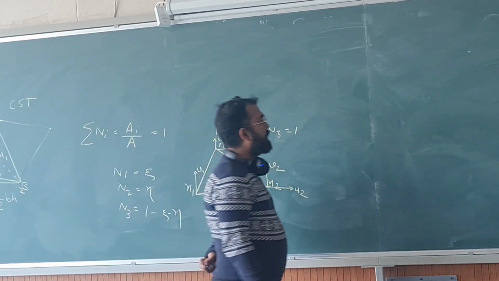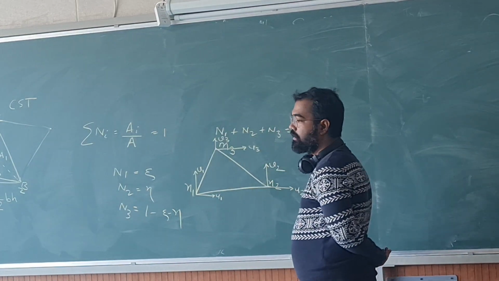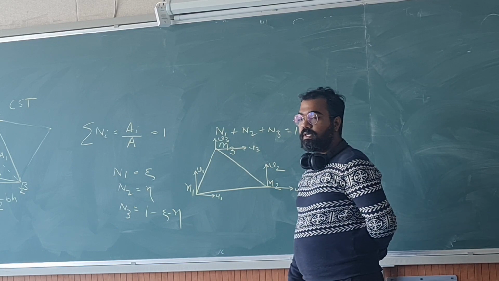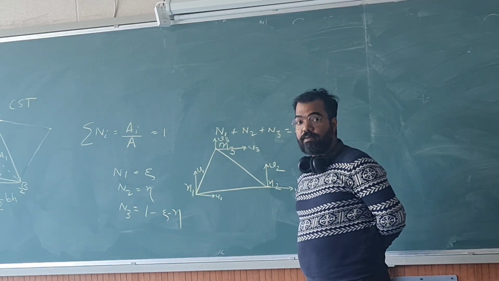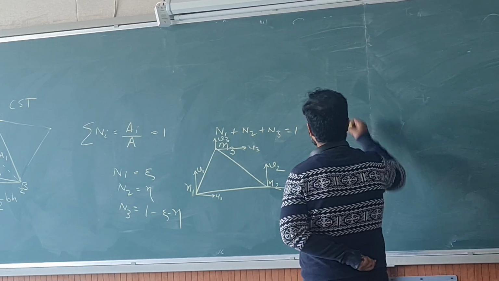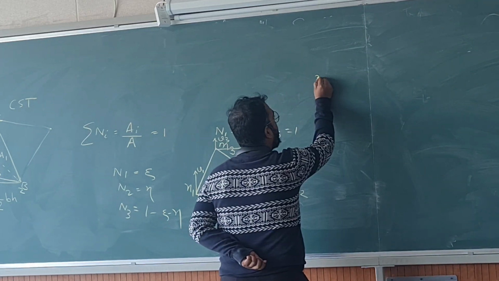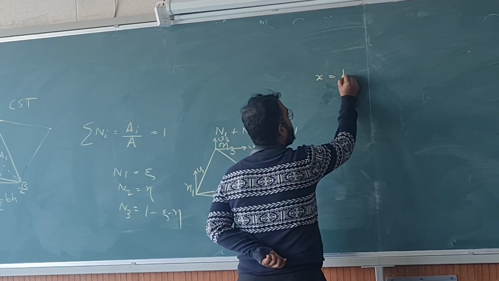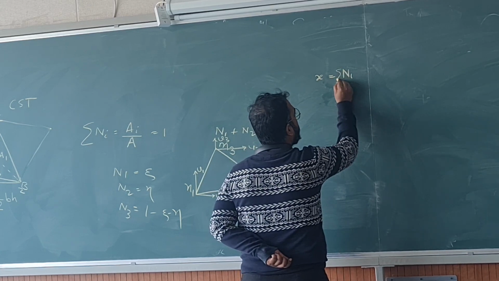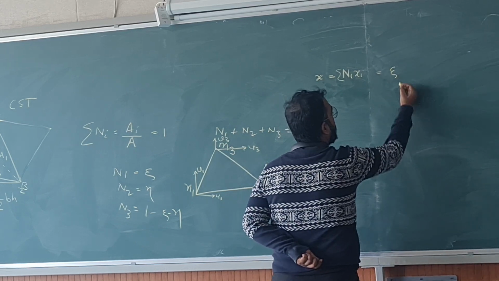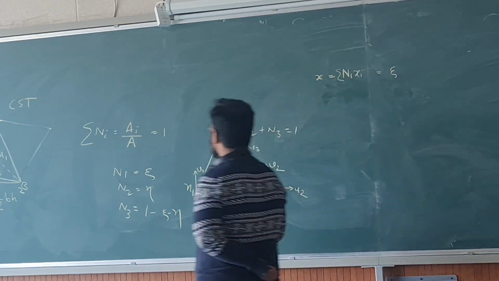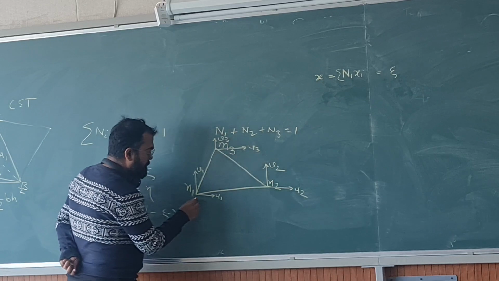So this is also an isoparametric element. So displacement as well as coordinate can be defined using the same shape function. So x coordinate can be defined as sum of Ni xi, so that will be epsilon, and let me also describe the coordinate values.